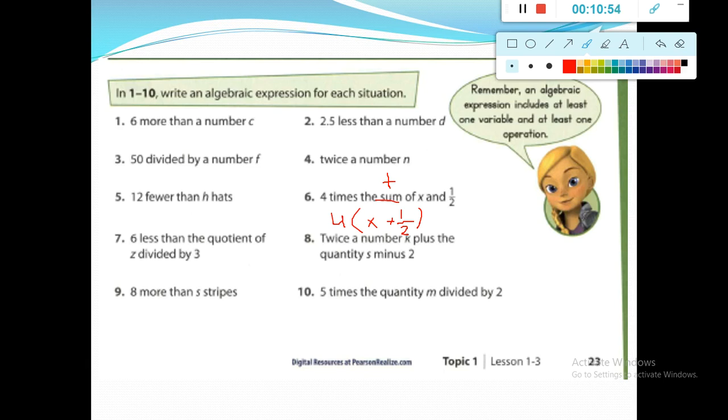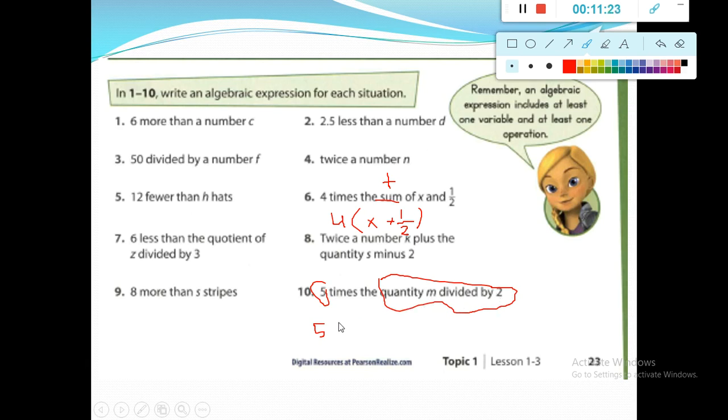Now number 10: 5 times the quantity m divided by 2. Look, quantity. So this is one part and this is another part. 5 multiply what? Quantity m divided by 2. Because there is division here, no need to put brackets.